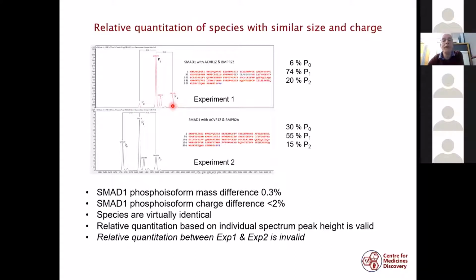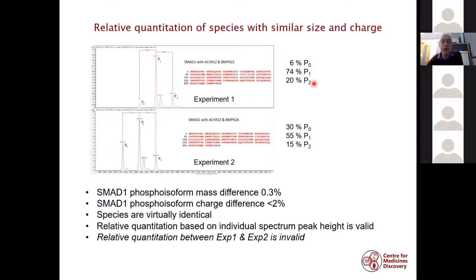And what that means is we can make a relative quantitation between these 3 species. So it's perfectly valid to say that phosphorylation state 0 is 6% of the sample, phosphorylation state 1 is 74% of the sample, and phosphorylation state 2 is 20% of the sample.